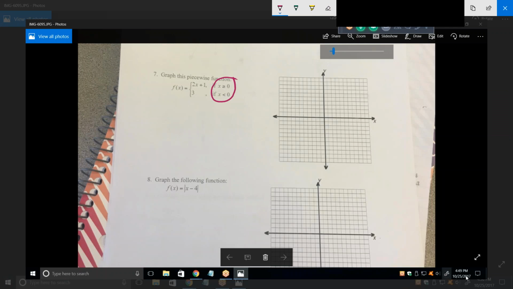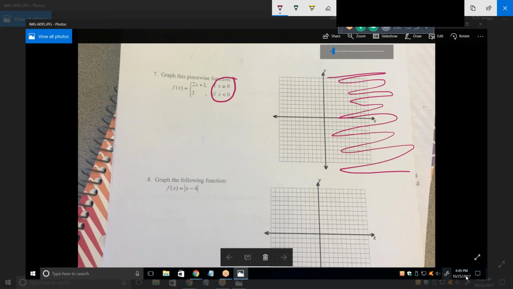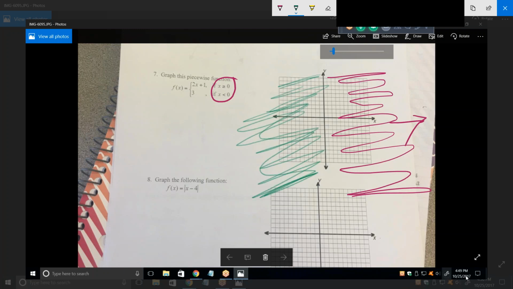One of them is when x is greater than 0, that whole domain all the way out to infinity. And the other one is when x is less than 0. That whole domain all the way out to negative infinity. That's the first thing to realize.